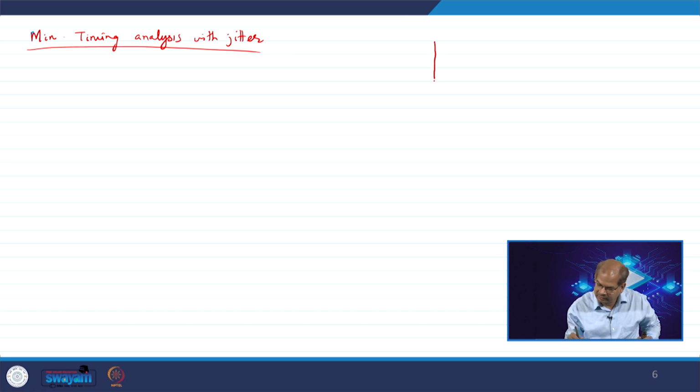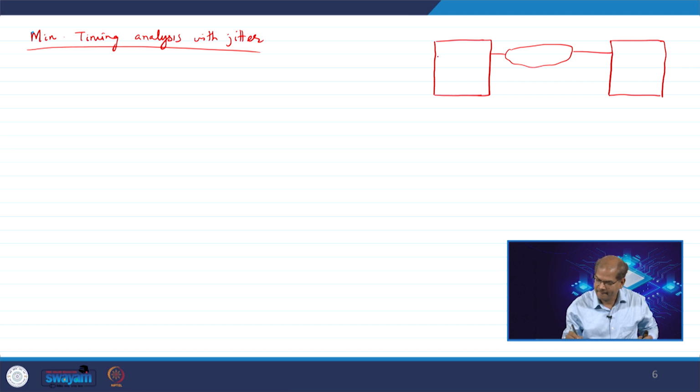I have a flip flop, this is the launch flip flop, and this is the capture flip flop. I have some combinational delay there. This is D, this is Q, this is clock, this is clock.